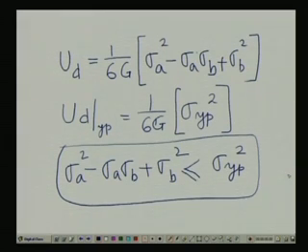Now, you can see this is a simple equation of an ellipse.